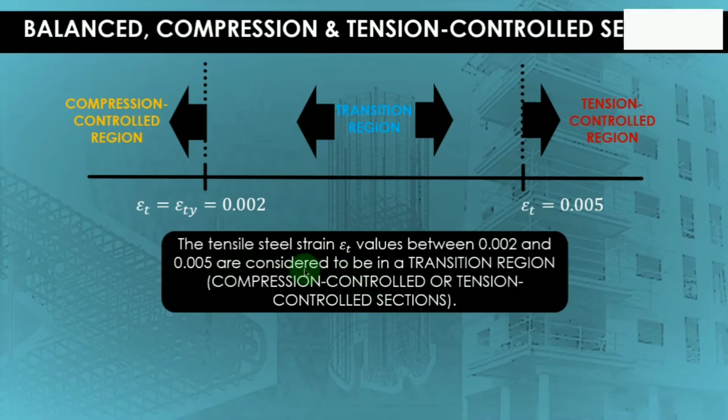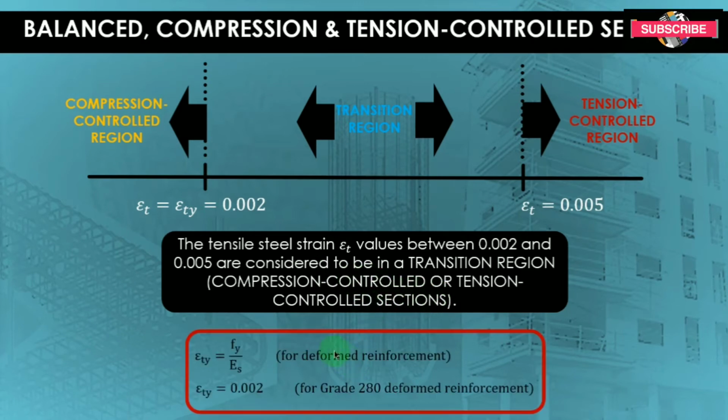The tensile steel strain denoted by this epsilon t, values between 0.002 and 0.005 are considered to be in a transition region. It could be either a compression controlled or tension controlled section. And ito yung halagang formula natin, no?